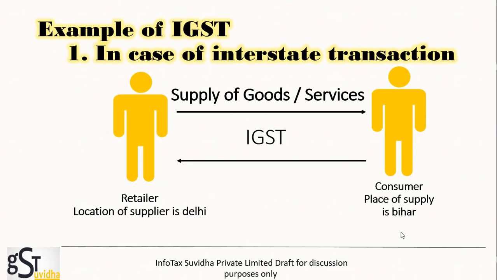Now let's see example of IGST in case of interstate transaction. Again, suppose there is a retailer and the location of supplier is Delhi. Retailer is supplying goods or services to the consumer and the place of supply is Bihar.